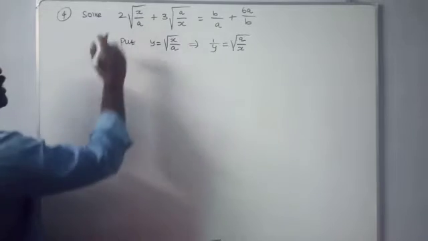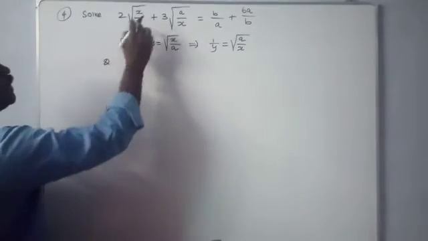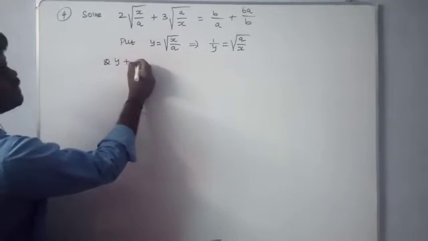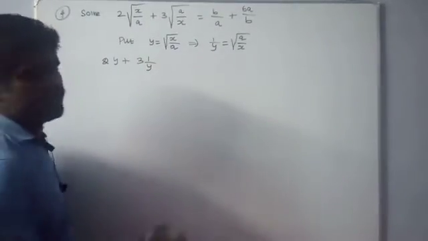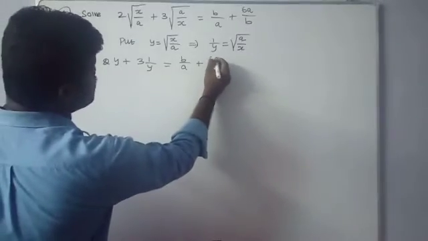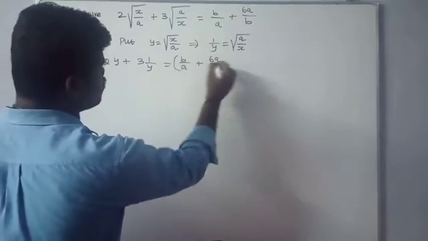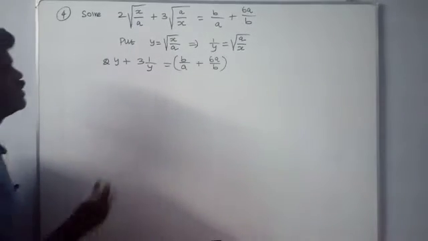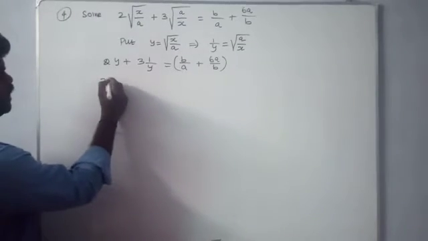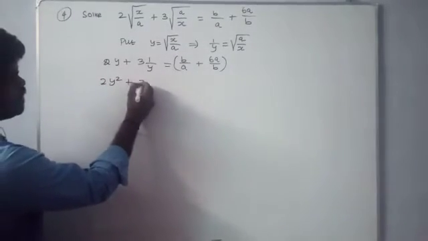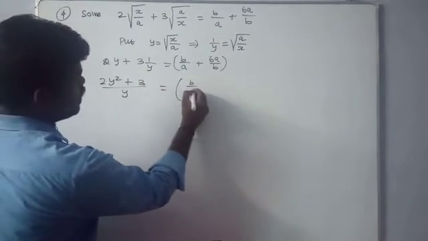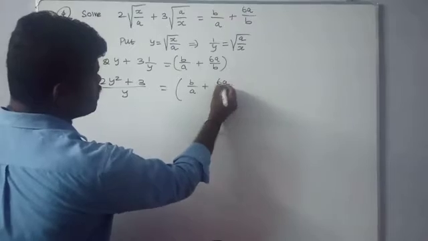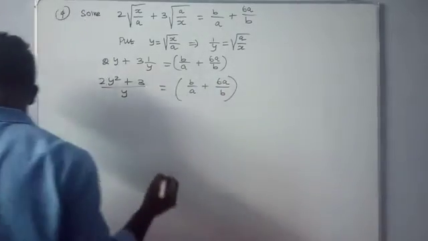So now we have to apply this. 2 into y plus 3 into 1 by y is equal to b by a plus 6a by b. Now we want to multiply this factor to here. 2y square plus 3 divided by y is equal to b by a plus 6a by b, right?